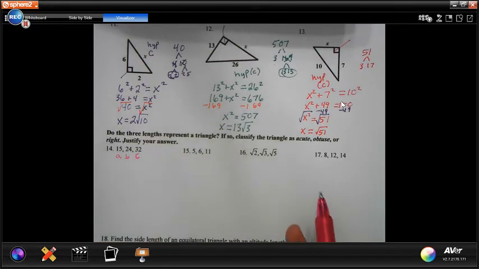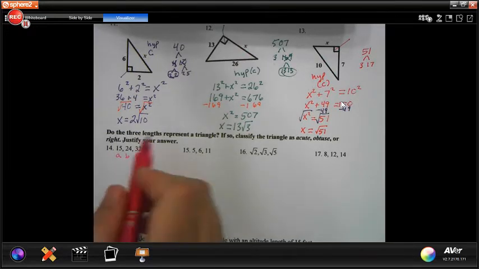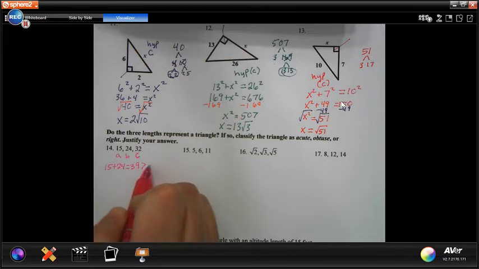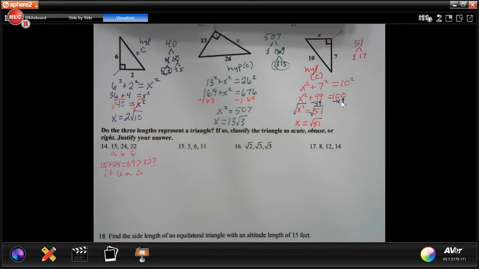A, B, and C. So first I figure out if it is a triangle. So I take 15 plus 24. That is 39. And is 39 greater than 32? Yes, it is. So it is a triangle.